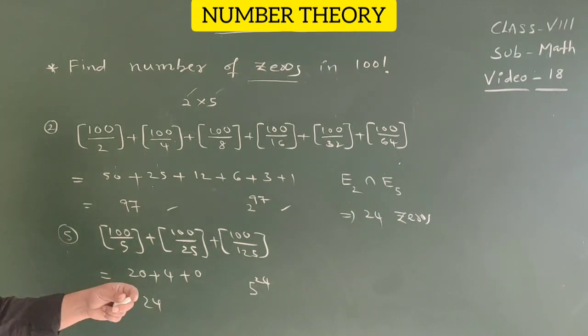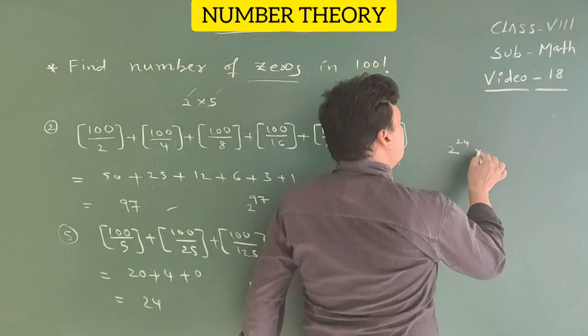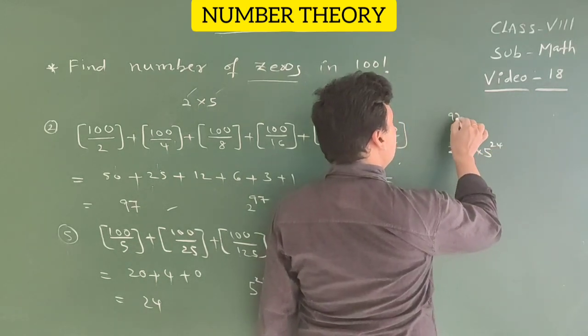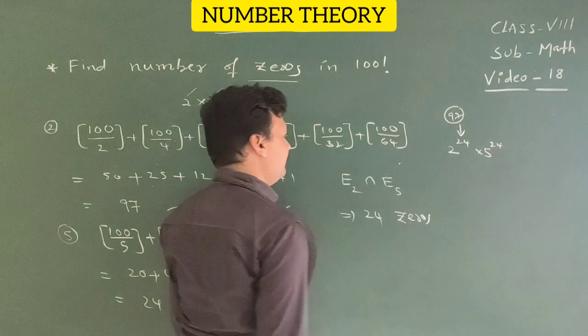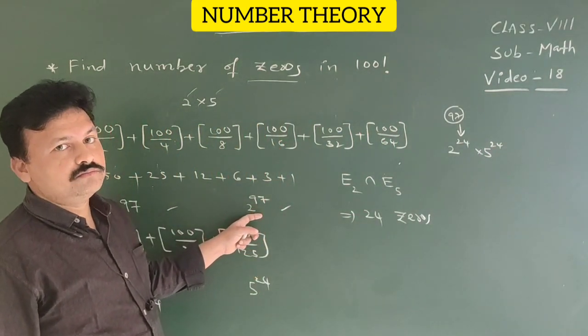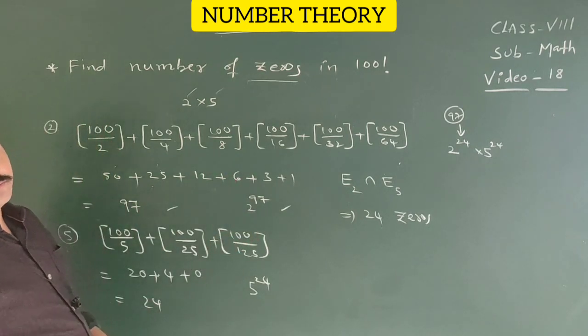For getting zeros, we want 2 to the power 24 into 5 to the power 24. Out of 97 twos, we require only 24, because a pair of 2 and 5 only gives the 0. This is the formula for finding the number of zeros at the end of n factorial. Okay, next.